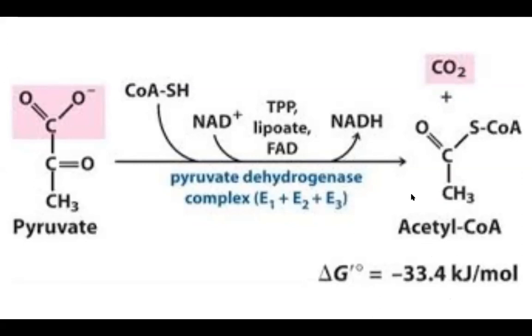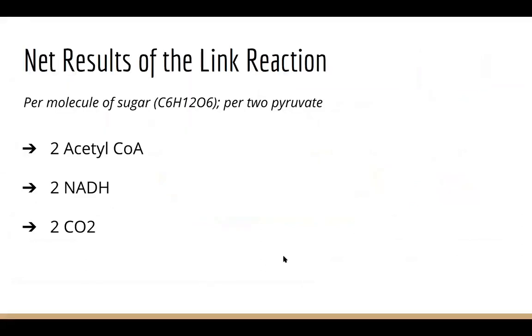But the important part is that here is our first time that we're releasing carbon dioxide, and you'll see that carry through, especially in the next part. So your net results are 2 acetyl cofactor A's, 2 NADHs, and 2 carbon dioxides. And once again, this is per molecule of sugar, so per 2 pyruvate.